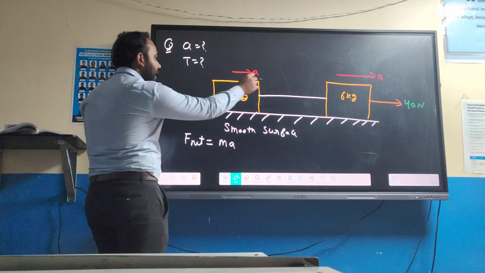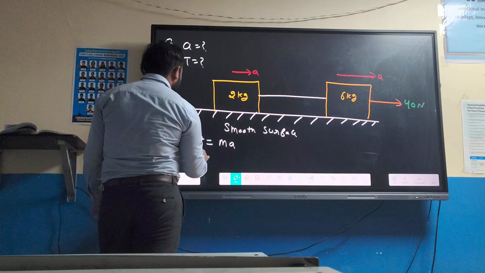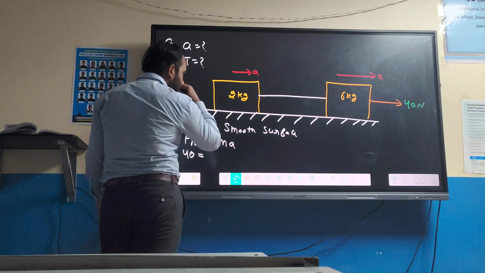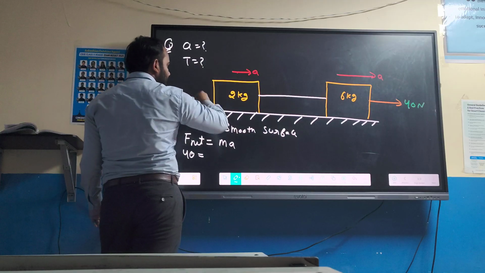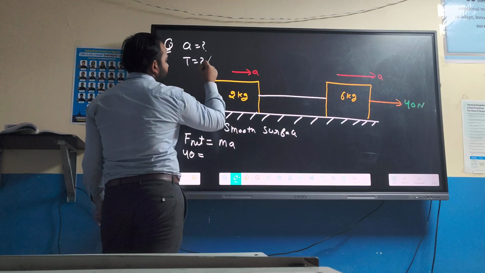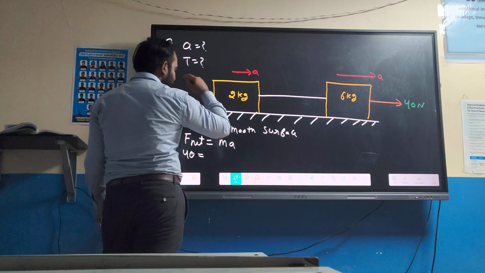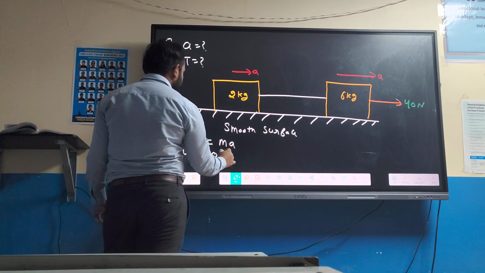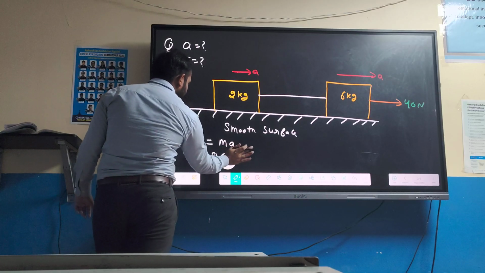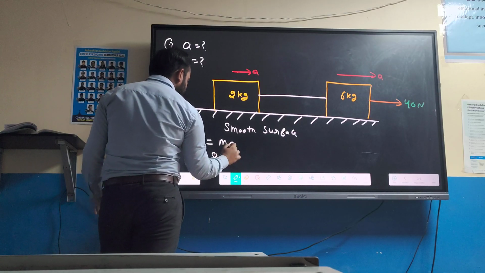Yes. And the net force acting is here 40 Newton. If we are considering both 2 kg and 6 kg as a single mass system, the total mass will be 8 kg, and the acceleration will be A, that we have to find.